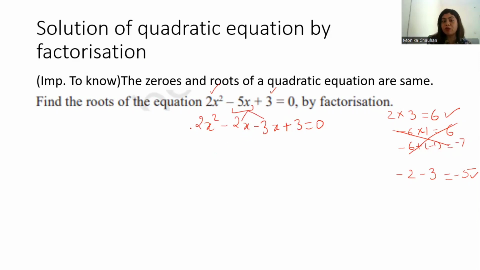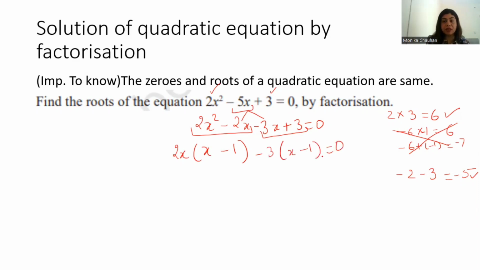Now you have to regroup your terms. First and second: 2x squared minus 2x. What is common from the first two? 2 as well as x. So take out 2x, leaving x minus 1. And from minus 3x plus 3, what is common? Minus 3, leaving x minus 1.